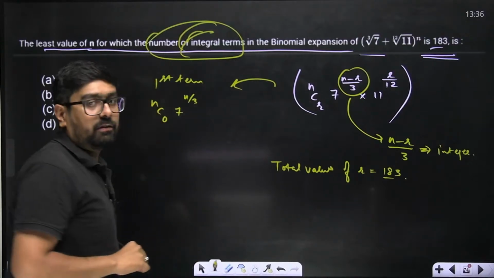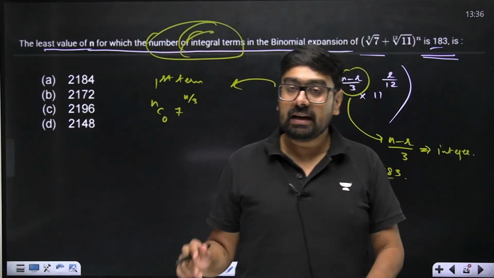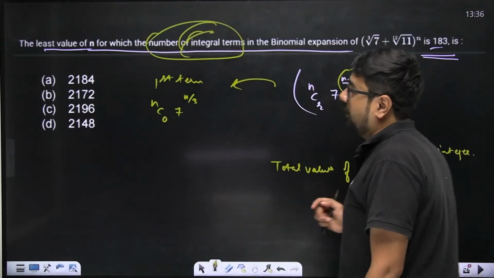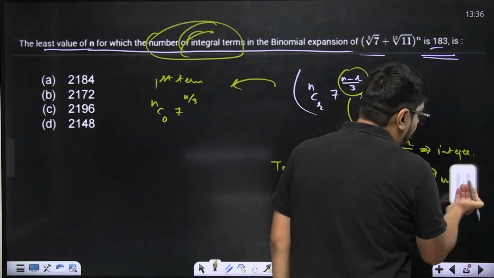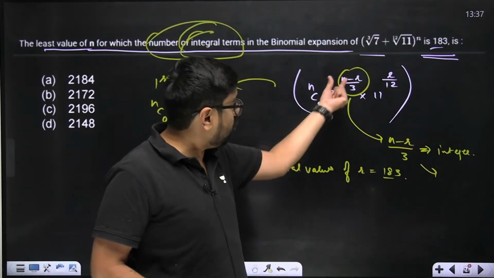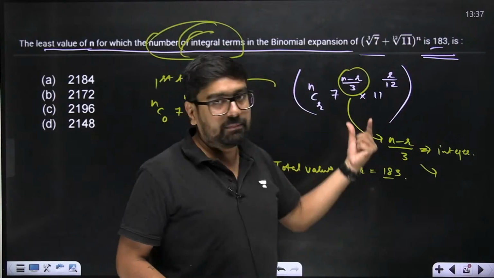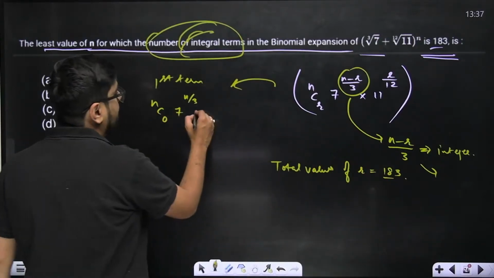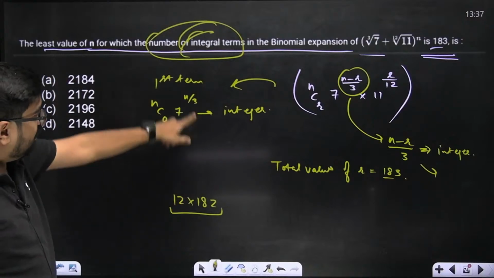And we are already saying that n by 3 will be an integer, because n will be a multiple of 3. So the first term will be an integer.